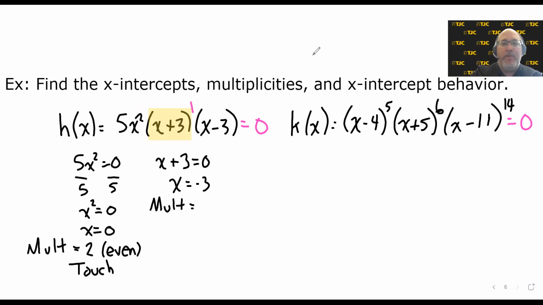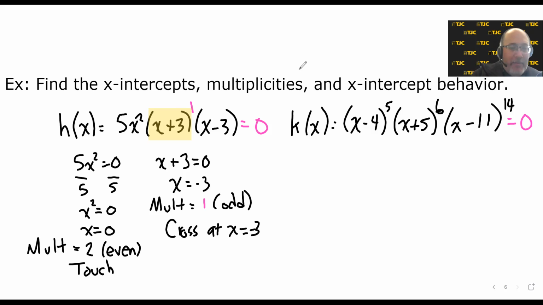No, because it's an implied 1, which means our multiplicity is 1. Now, 1 is odd. And when the multiplicity is odd, that means that you cross at, in this case, x equals -3. I'm going to go back over here and put touch at x equals 0.